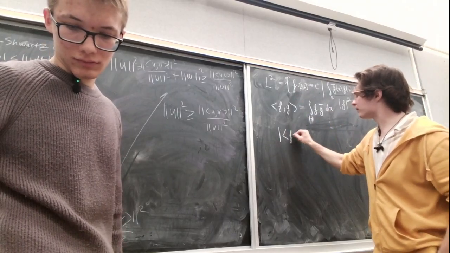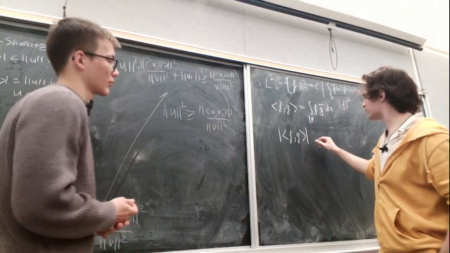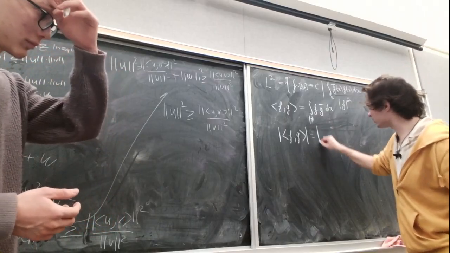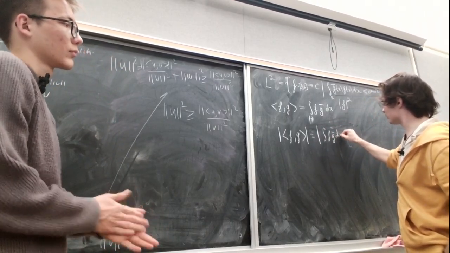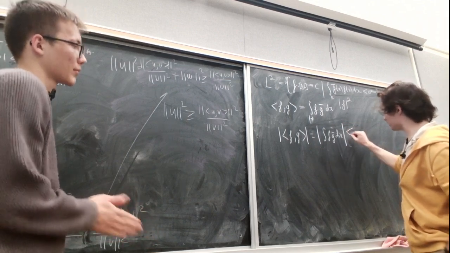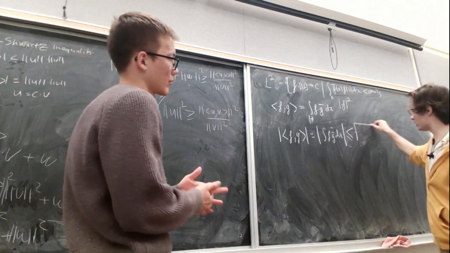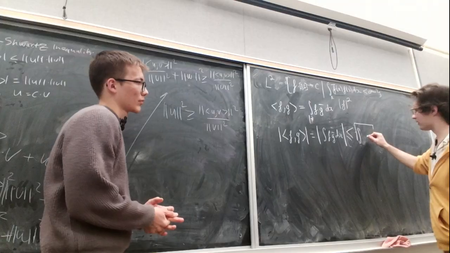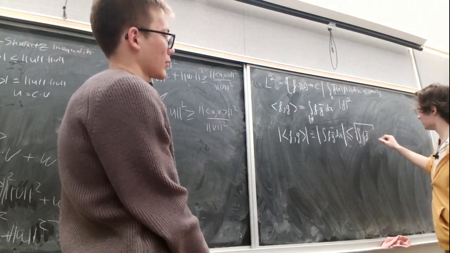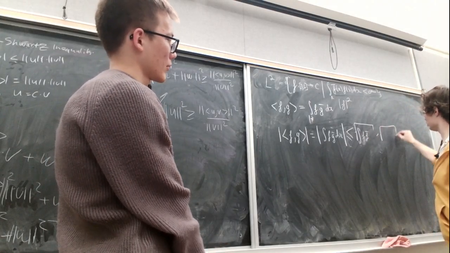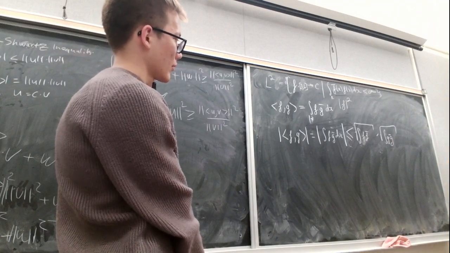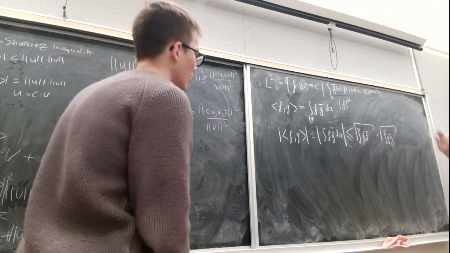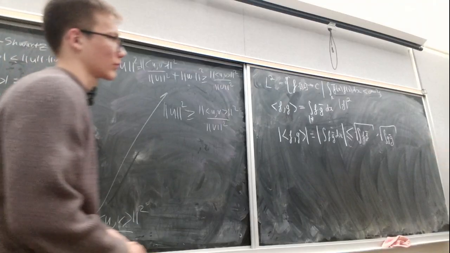So this is equal to what? This is equal to the absolute value of this integral. Do you agree? It should be less than or equal to the square root of this integral times the square root of this integral. These kinds of inequalities end up being very useful and appear fairly frequently.